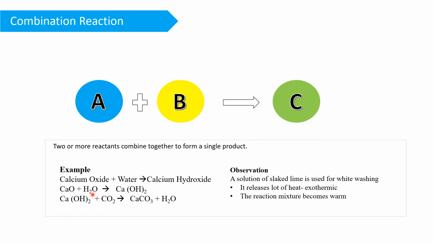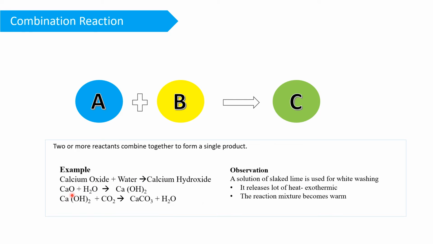The first thing you can see is a lot of bubbles coming from the solution. Because it is exothermic, now I am introducing the new term exothermic. What is exothermic? It releases a lot of heat along with the formation of products. That is called an exothermic reaction.